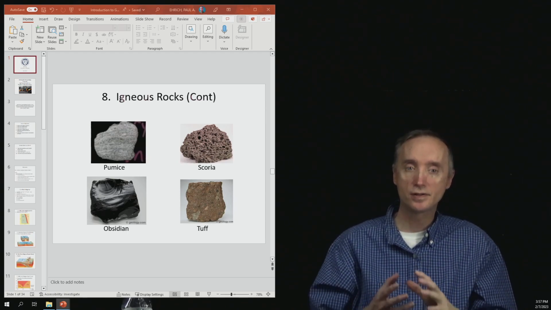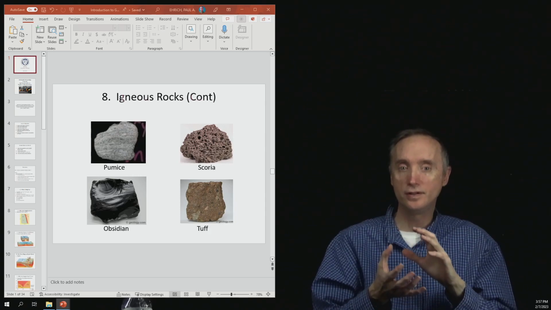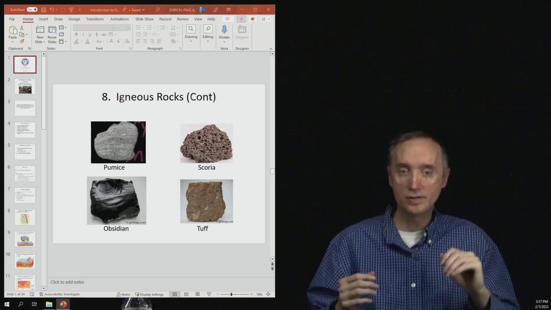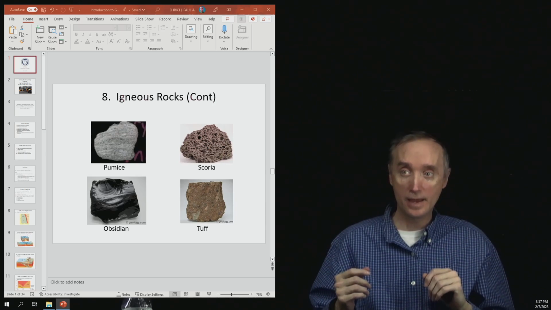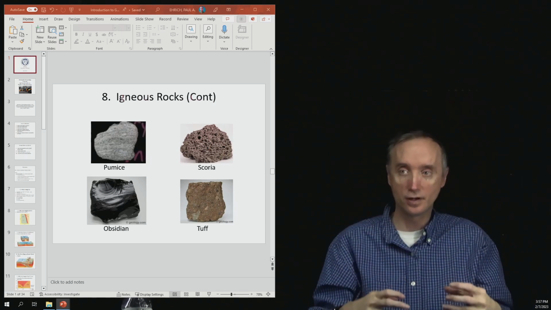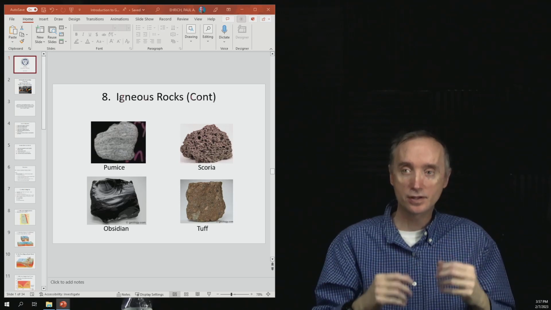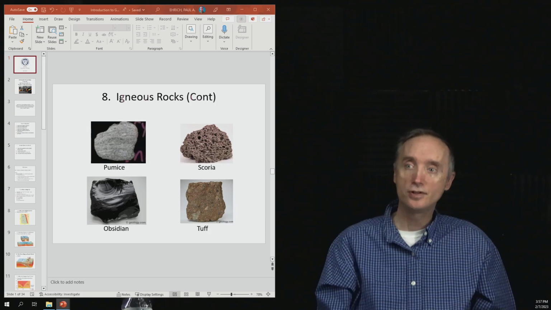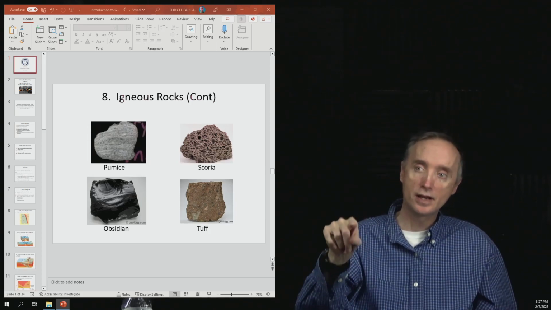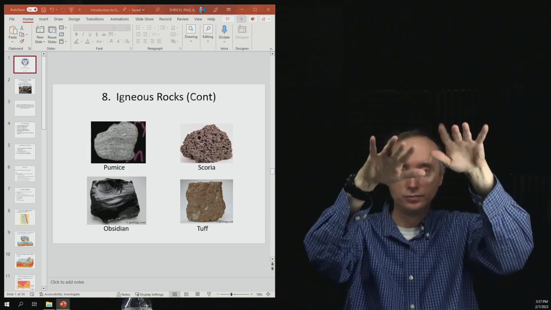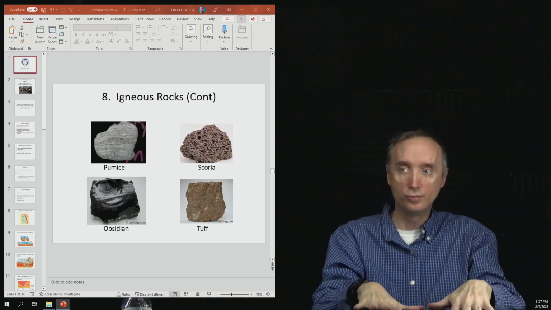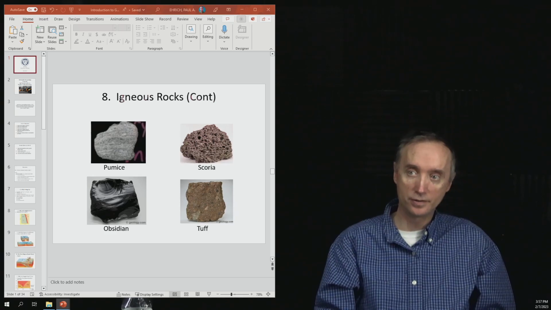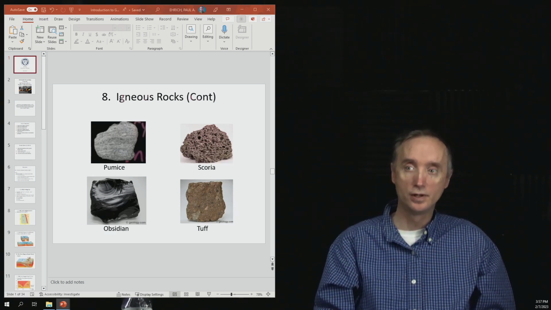Sometimes this pumice has so much gas in it that's trying to get out that the pumice basically explodes, and then you get little shards of glass, and that's going to turn out to be volcanic ash. You can also see, though, that sometimes the pumice will rain down and be glued together, and you can see that there are layers in some pumice as well.